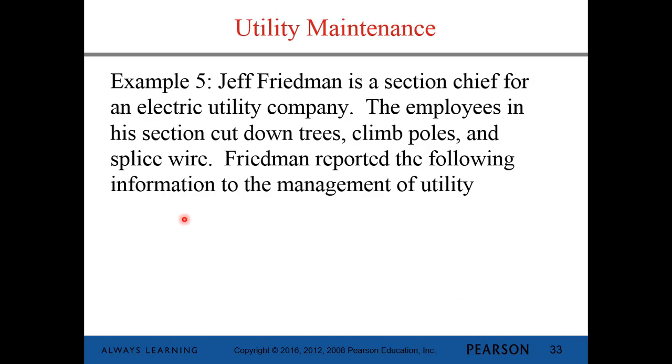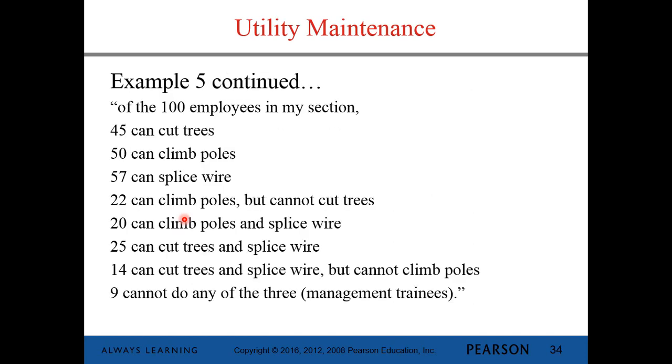Okay, so in example 5, Jeff Friedman is a section chief for the electric utility company. The employees in his section cut down trees, climb poles, and splice wire. Friedman reported the following information to the management of the utility.